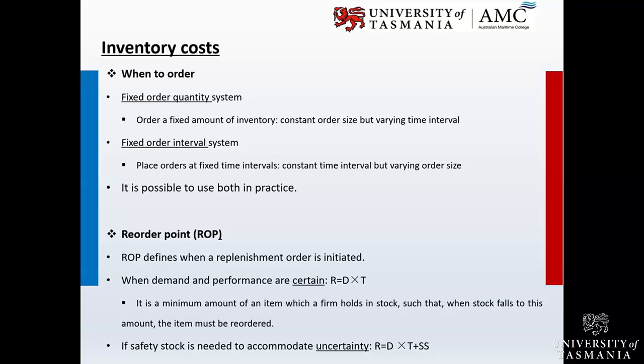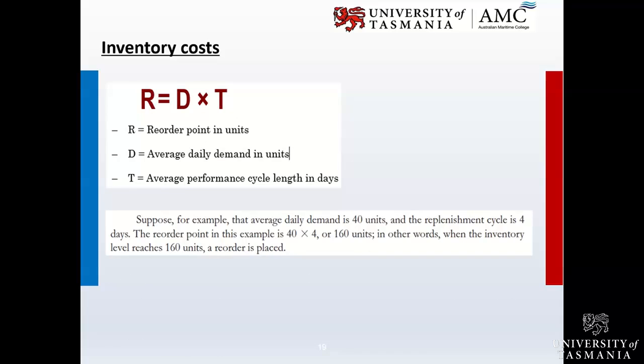So by using these two formulas, you can calculate the reorder point, and you need to know when to order. So when the inventory level is below this level, you need to make an order for replenishing your inventory.